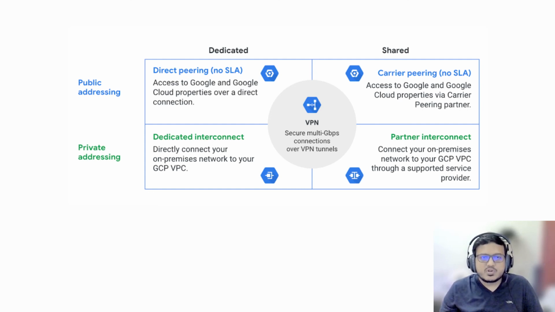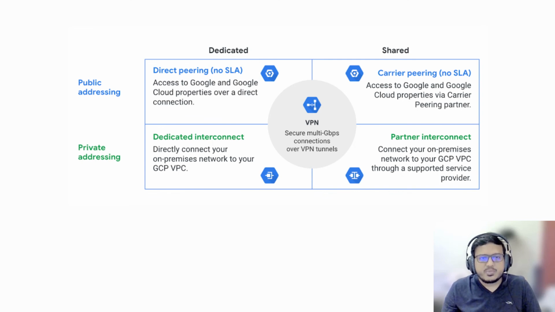This is more geographically available all around the world. But as a partner is involved and it's not dedicated, there would be sharing of bandwidth, and it is not as fast as the Dedicated Interconnect. It ranges from 50 megabits to 10 gigabits per second, while the dedicated one is 10 to 200 gigabits per second. So that's the difference.